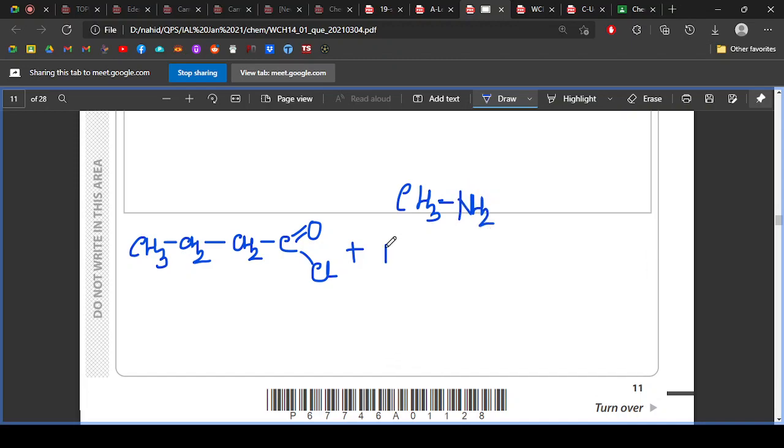I'm just going to change the look of this compound. Okay, not like that. I have something like that. All right, so this is the compound. I've only written it slightly differently so that it helps with the reaction.